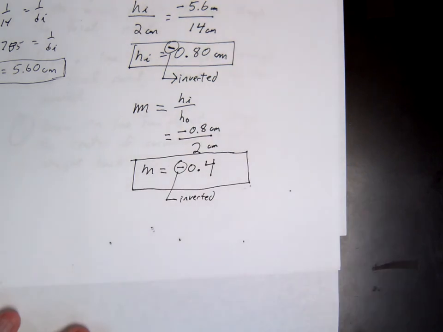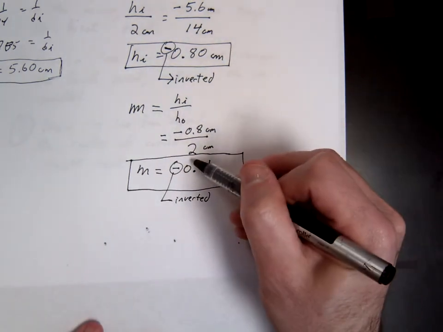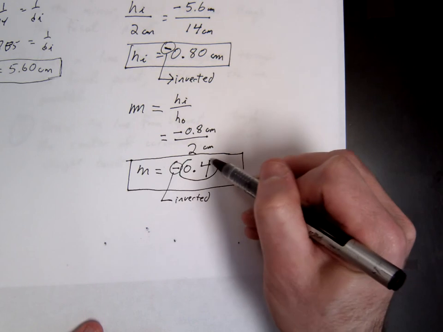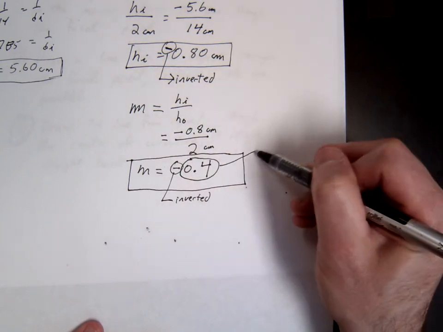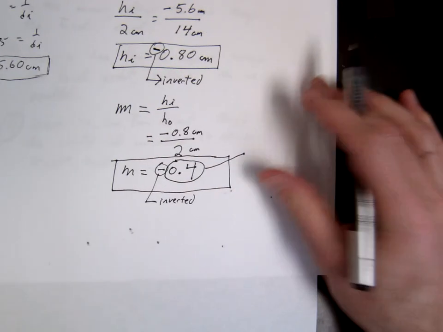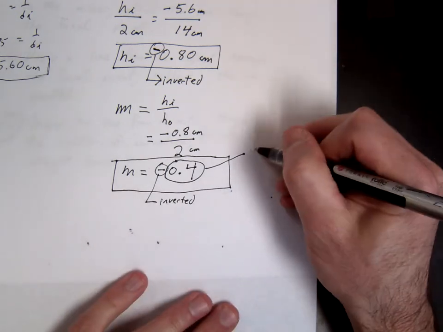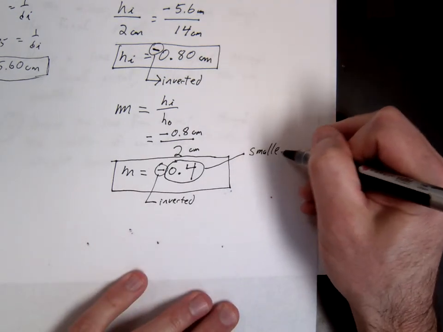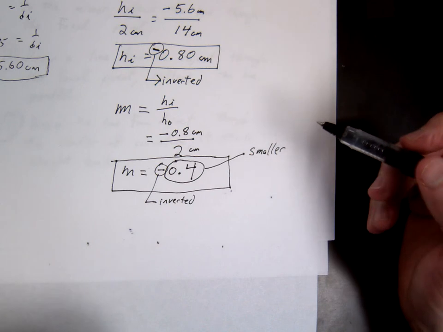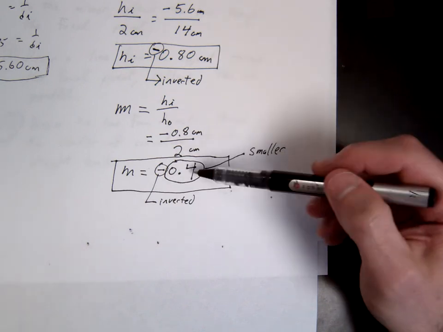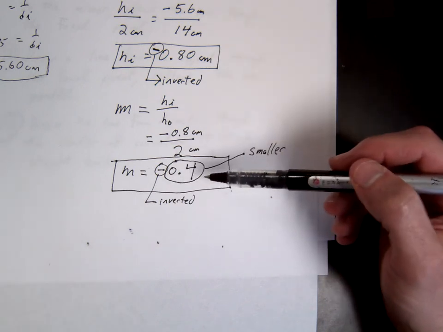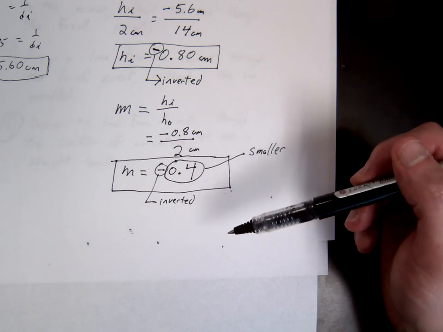And what is this 0.4? What's the meaning of that number? So conceptually, it means it's smaller, right? It's a smaller image. And how much smaller it is, well, it's 40% as large. 0.4 times is small.